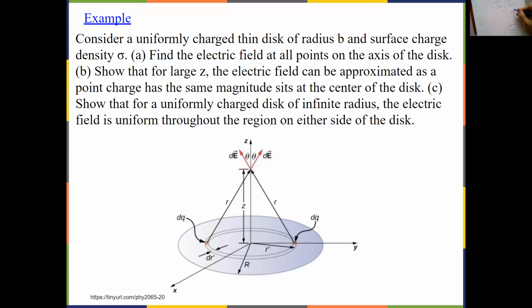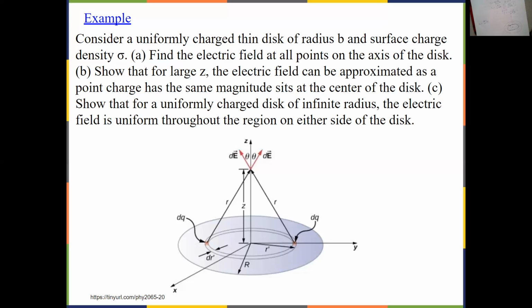We take that expression, K dq Z over Z squared plus, now in this case, your big capital R should be replaced by R prime, so R prime squared, to the 3/2. That will be your dE.